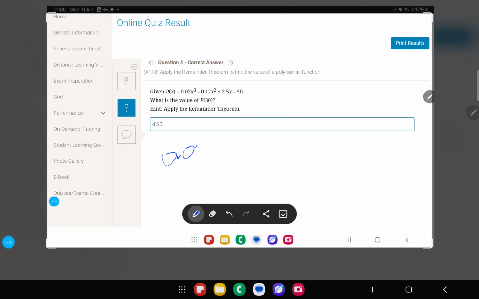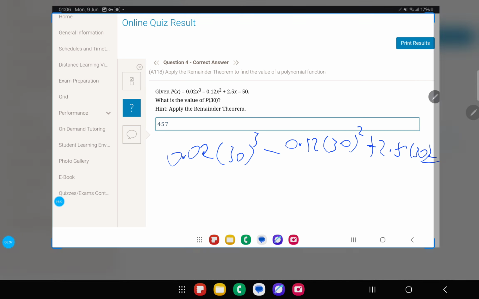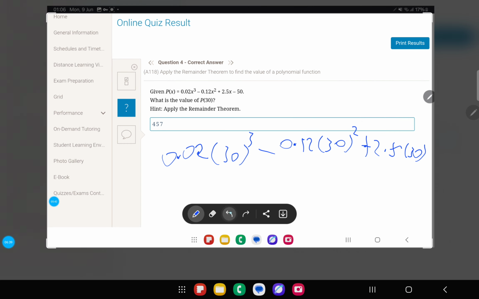So again, 0.02 times 30 cubed minus 0.12 times 30 squared plus 2.5 times 30, minus 50 at the end. Equals, you get 457 by using the calculator.